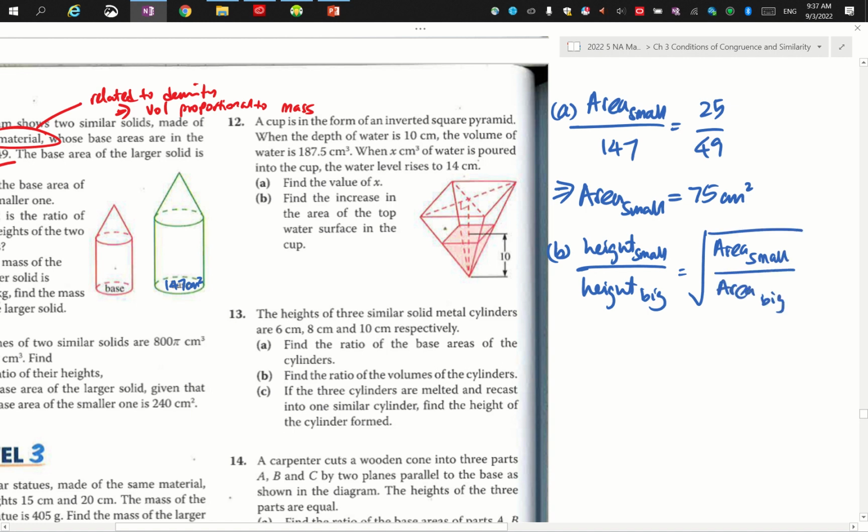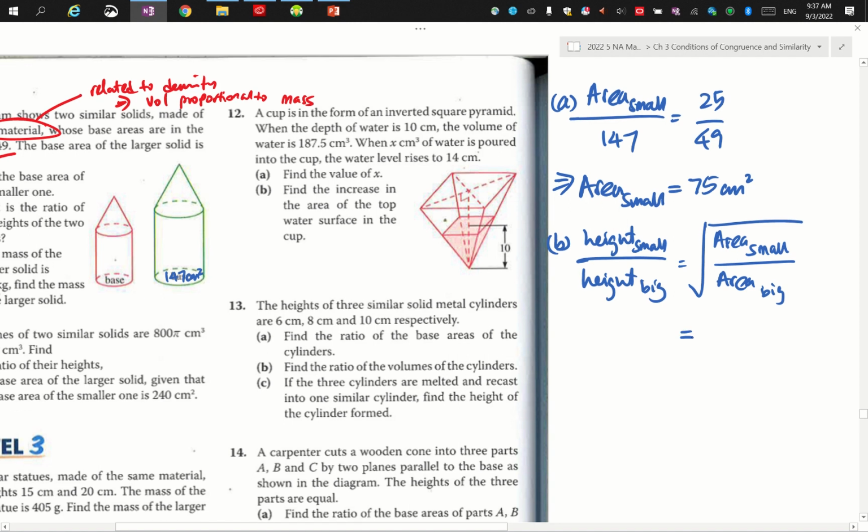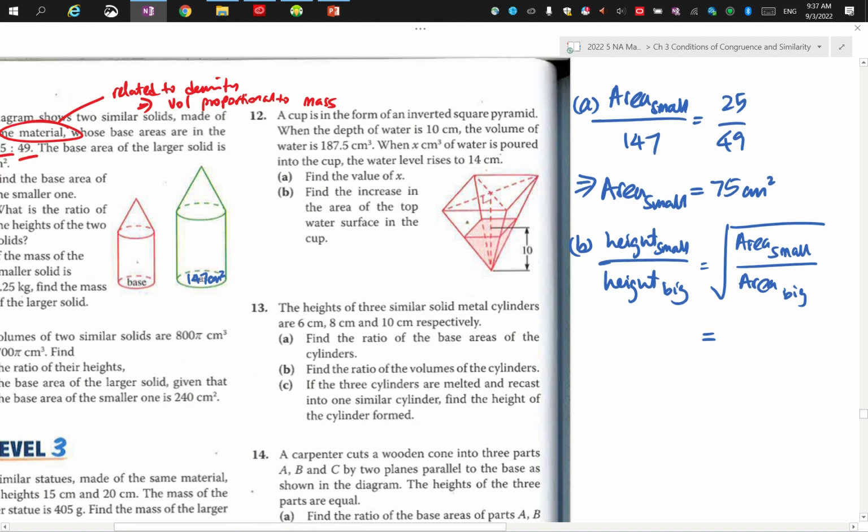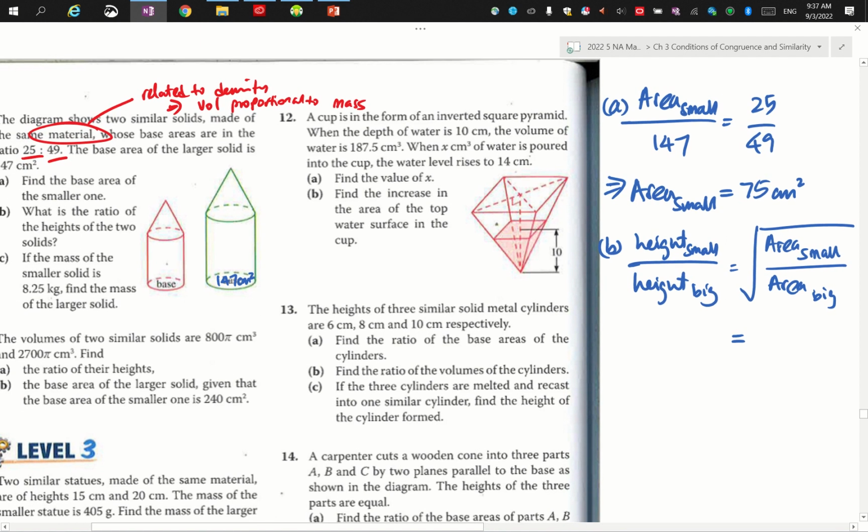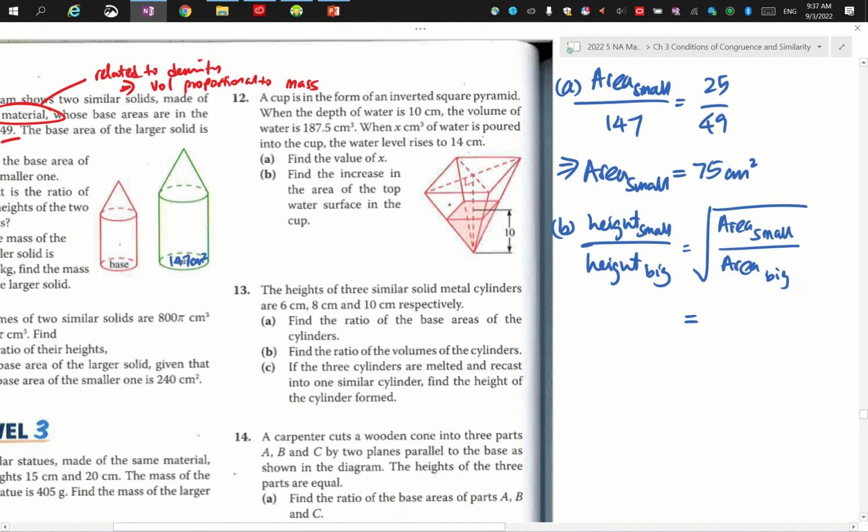Has to be. The ratio of the area small, area big, 25 to 49. So we get 5 over 7. So ratio equals 5 to 7.